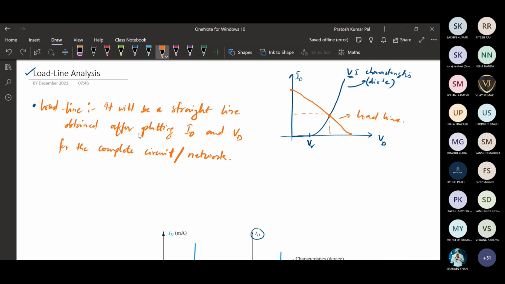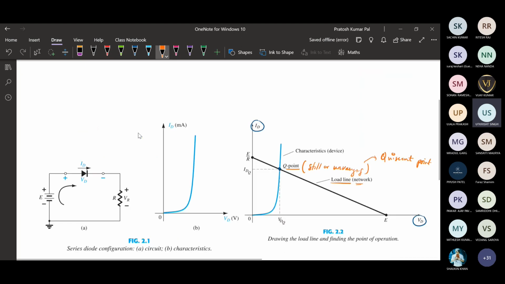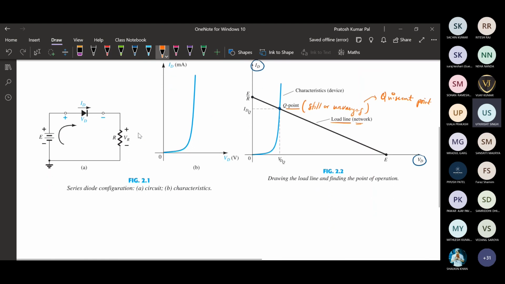At this point, whatever VD value is there is called VDQ, and whatever current we get is IDQ. This is the quiescent point current or quiescent point voltage. At that particular voltage, how the diode behaves, what its characteristic is, is what is considered for the analysis. So this is your DC load line.